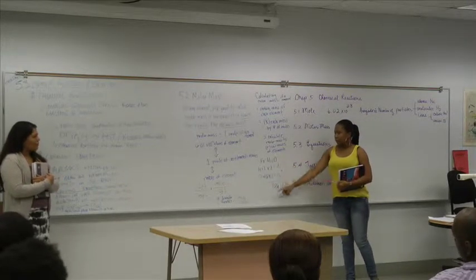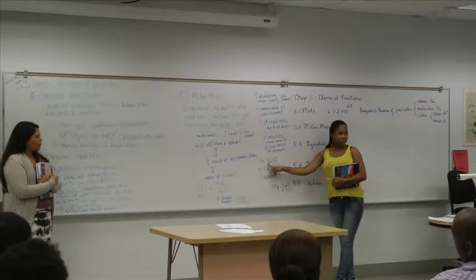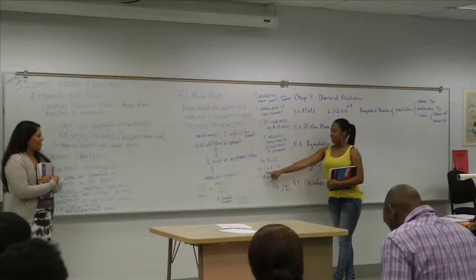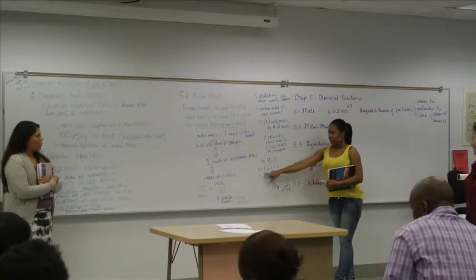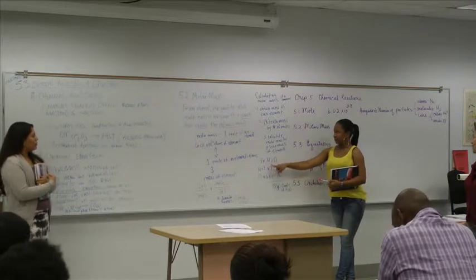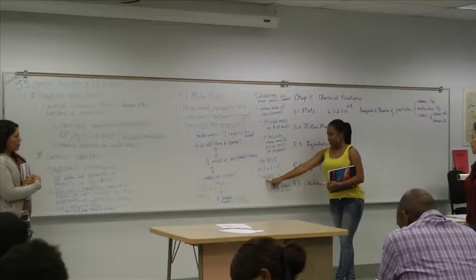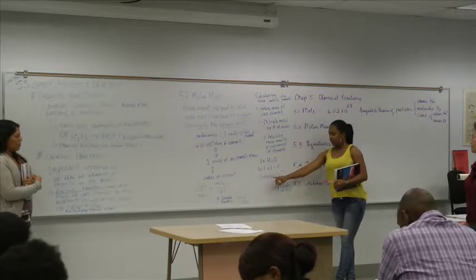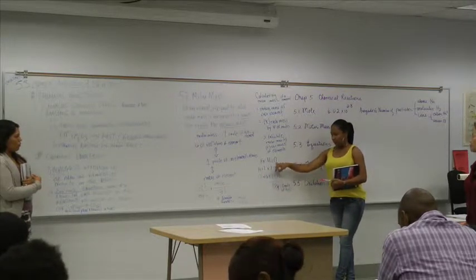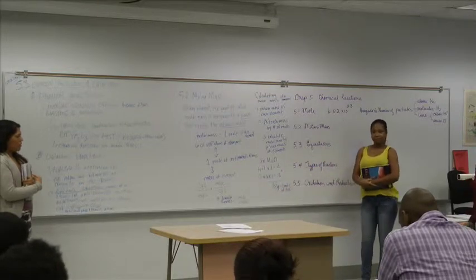For water, we have 2 hydrogens. So it's 1, the mass, times the number of hydrogens, which is 2. Then you have oxygen, whose mass is 16, times just 1, which is 16, and we add them up, it's 18.